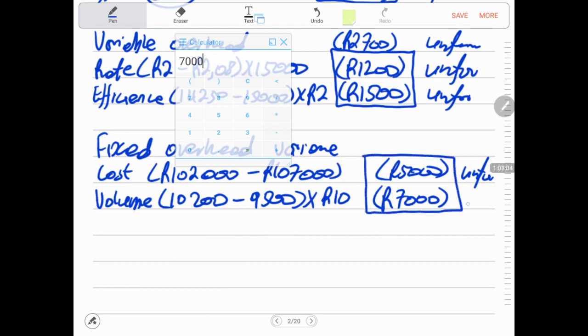So now we'll have another unfavorable variance. We have 10,200 minus 9,500, times this by 10. I get 7,000. So the 7,000 plus 5,000 gives me the unfavorable total of 12,000. This is unfavorable.